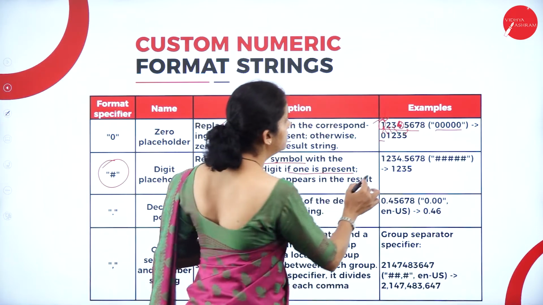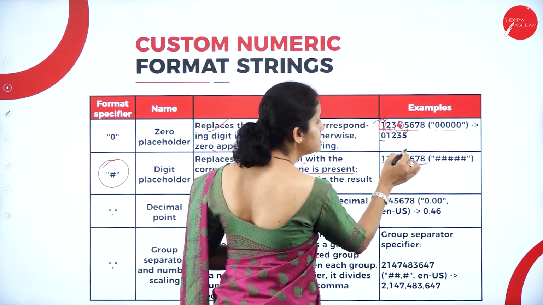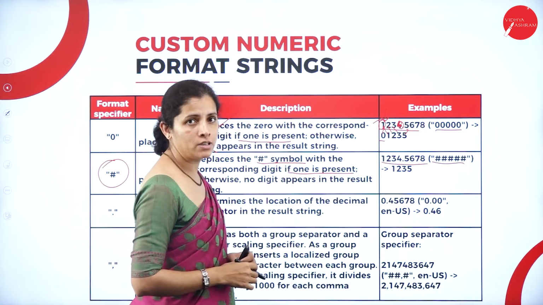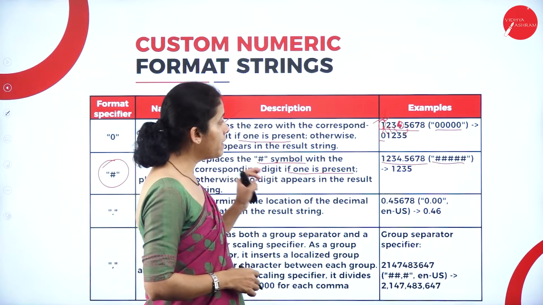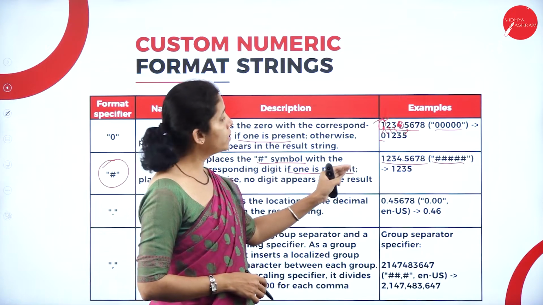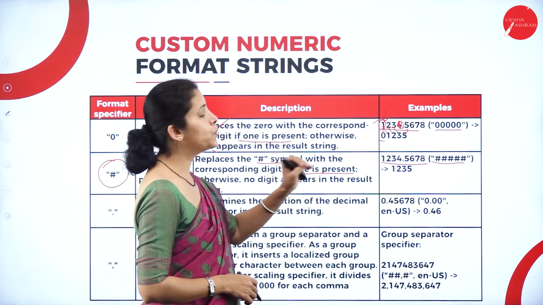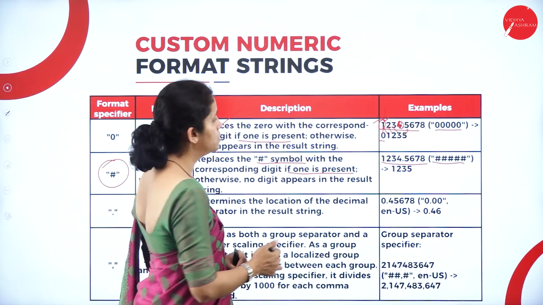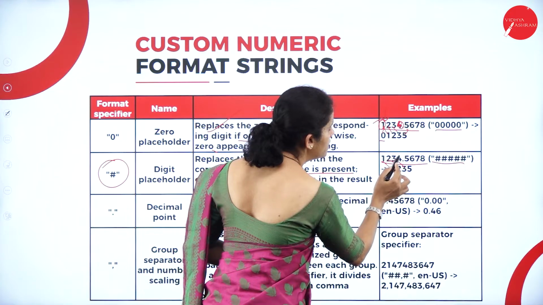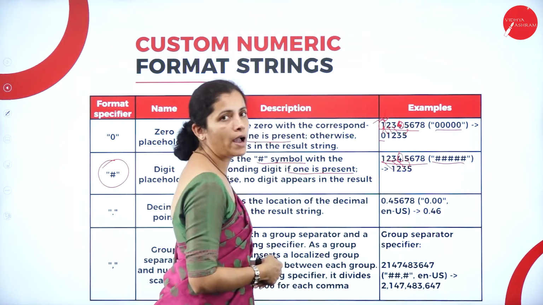Okay, see here I have 1, 2, 3, 4 dot 5, 6, 7, 8, and I have the placeholder hash. Okay, and if I have 1 in my given input, what am I going to do? I'm going to replace that with the hash. So here 1, I'll get 2 and I'll get 3 and I don't get 4. Instead of that, I'll have the 5.